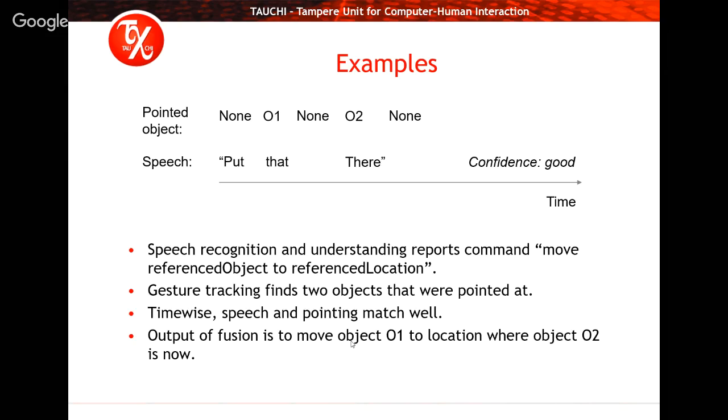Let's go through the speech example. So the user has said something. Now the speech recognition tries to find out what the user said. Speech recognition, like many other processes, especially machine learning processes, is probabilistic: we find out that this seems to be a good match.